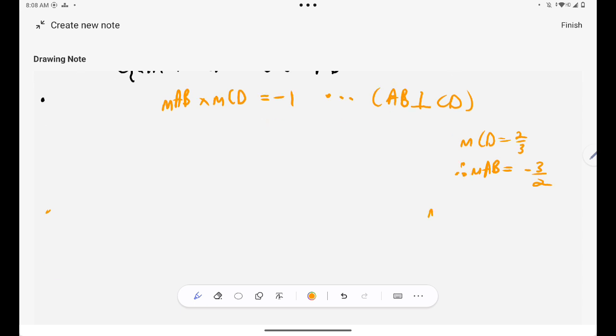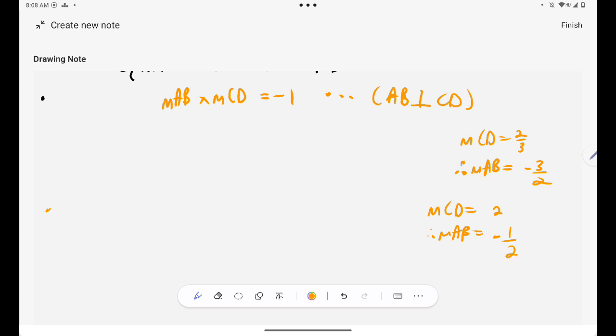If MCD was equal to 2, that means MAB was going to be what? 1 over 2 with a negative sign. Because if I have 2, it has a denominator of 1, which I don't have to write. So whenever I flip it around, that means 1 should be at the top and 2 should be at the bottom with the change in sign. Are you together? So you just flip it around, change the sign. Flip it around, change the sign.